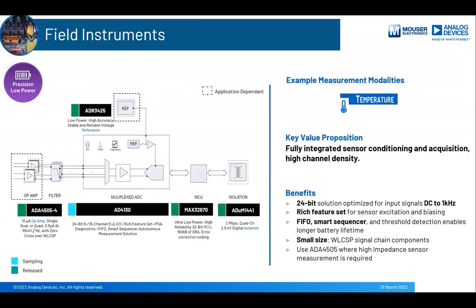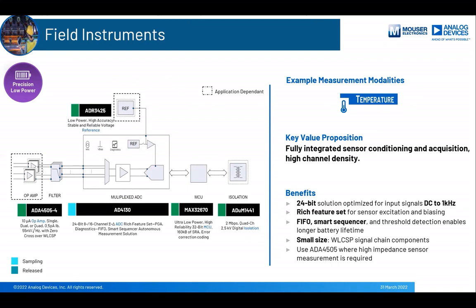To address the requirements and design challenges associated with the different temperature sensors that we have just discussed, we have brought together a signal chain starting point that is the lowest powered, fully integrated sensor conditioning and acquisition solution. At the core of the solution, we are highlighting the AD4130, one of our upcoming products that we are sampling now but releasing in a month's time.